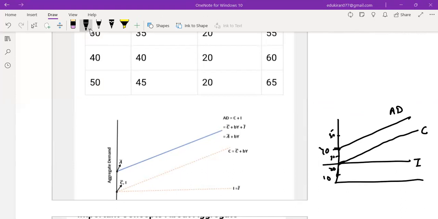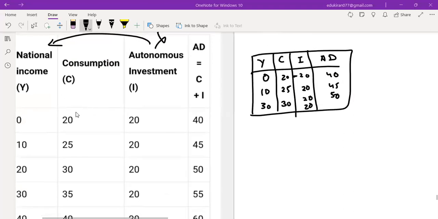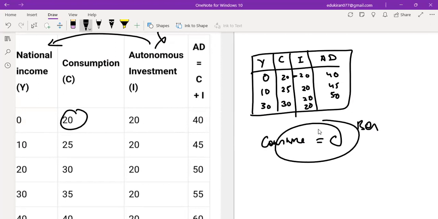Ma'am, can consumption start from 0? No, it cannot start from 0, because you will consume something no matter whether you have money or not. For example, if you are not earning, you will still eat. No matter whether you borrow it from somewhere, you will consume something. And investment is, for example, a fixed deposit or a recurring deposit.